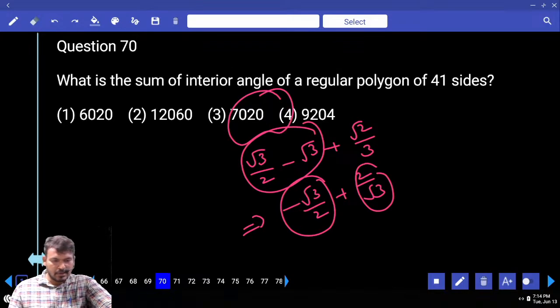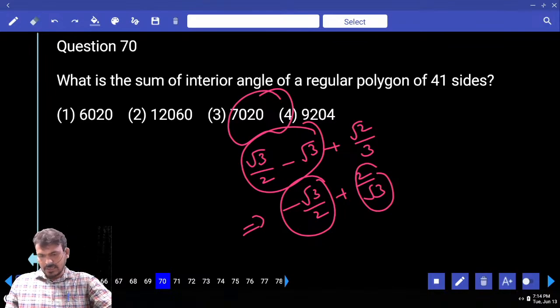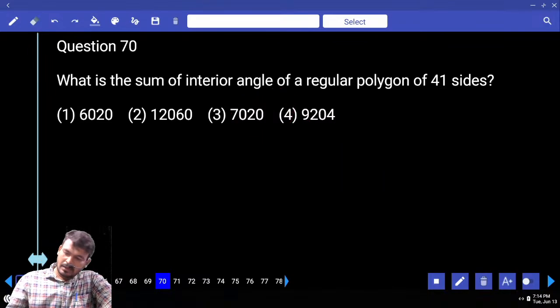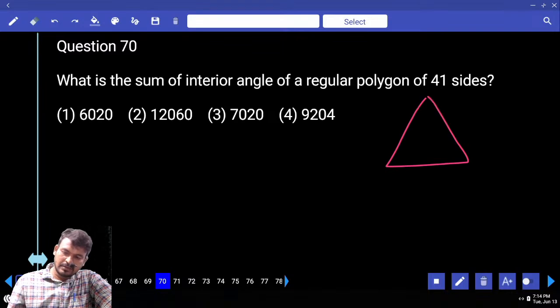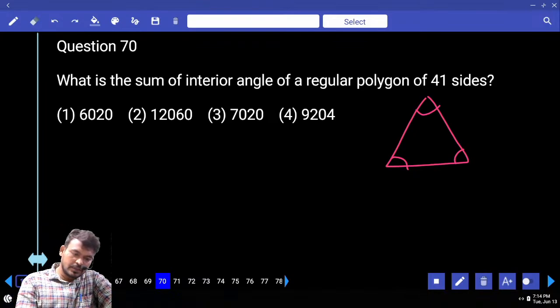Next, 70. What is the sum of the interior angles of a regular polygon of 41 sides? In a triangle, what is the number of sides? 3 sides. What is the sum of the interior angles? 180. This one we write as n minus 2 into 180.